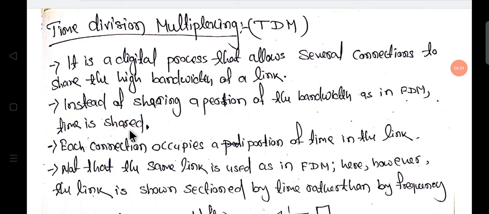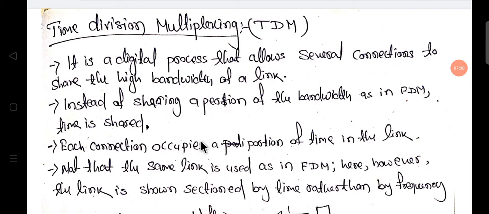In FDM, one portion of the bandwidth of the channel is shared by one data. But here in TDM, the time of that channel is shared. That means the channel is divided into time slots, and one slot is given to each data.